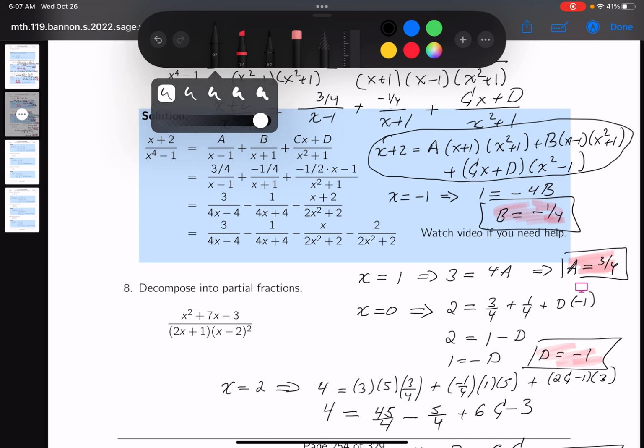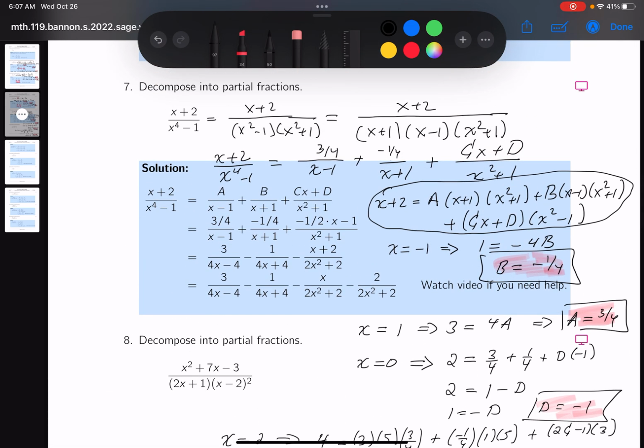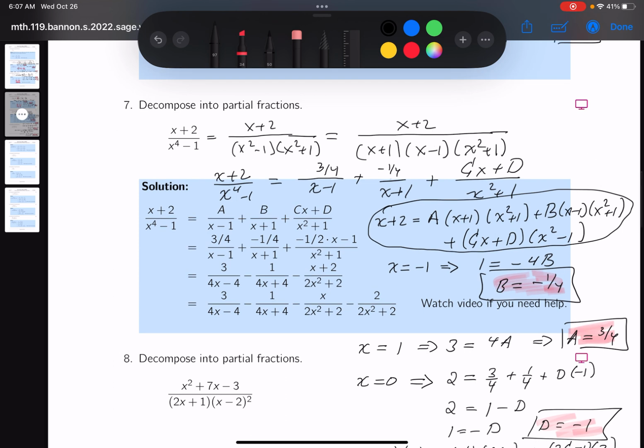The C turned out to be minus 1/2. And what was the D? The D was minus 1. So I'm going to erase this over here and put the minus 1 down.